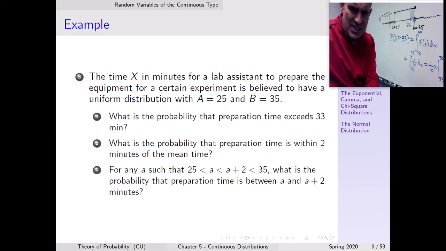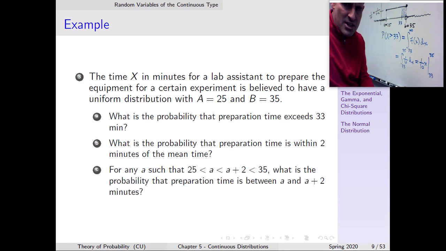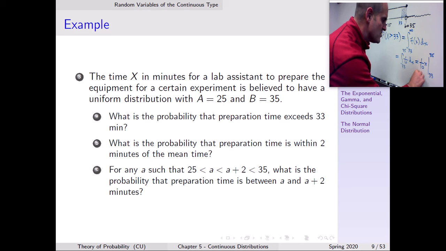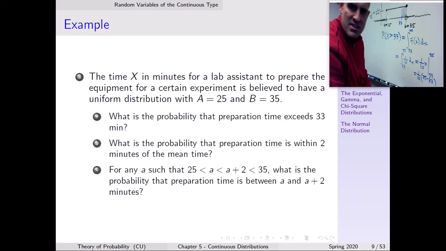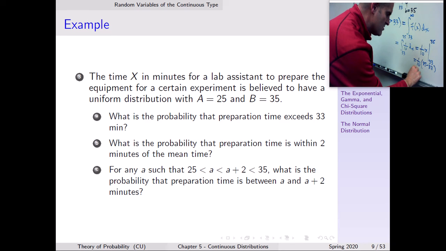And this is going to be fairly easy to compute. A tenth of 35, minus a tenth of 33. So this is just 1/10 times 35 minus 33, which is 2/10.